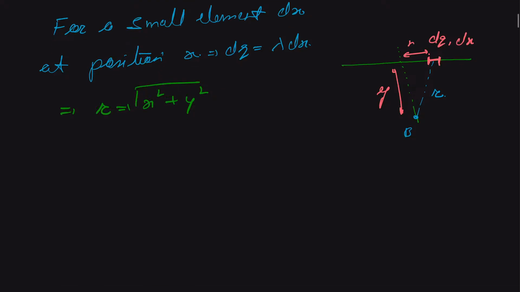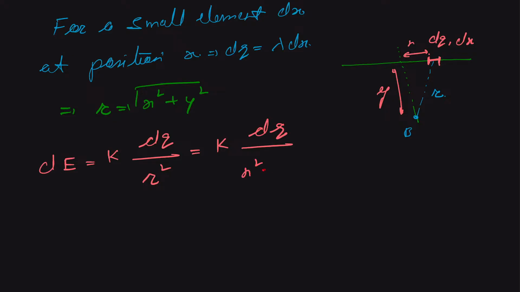Therefore in general we know that the value of electric field is given as k dq over r square. We substitute the value of r, so this comes as k dq over x square plus y square.